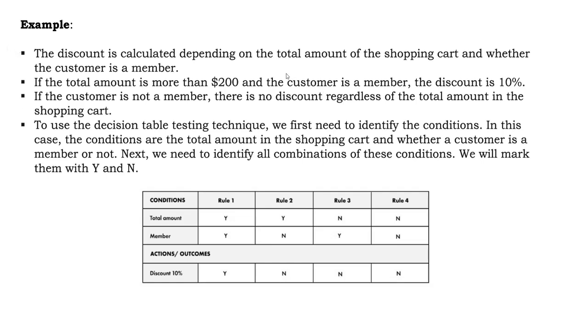Consider the same example of the shopping cart, where the discount is calculated depending on the amount of the shopping cart and whether the customer is a member or not. Here, another condition we are adding is whether he is a member or not. If the total amount is more than 200 and the customer is a member, then the discount applied should be 10%.